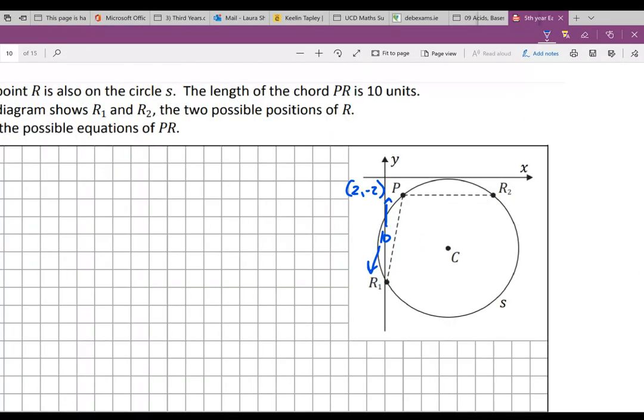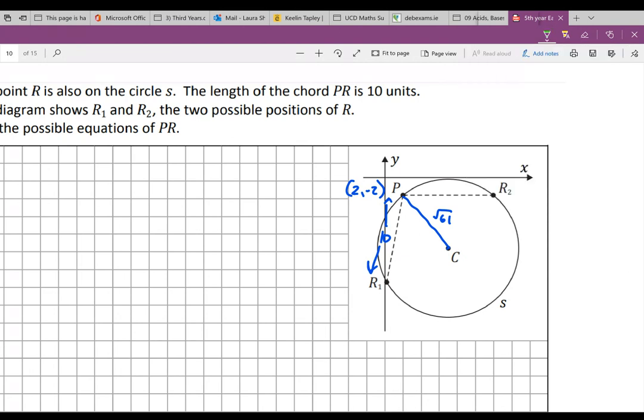Remembering that, I have a center to any point along the outside, which is root 61, so I know that's my radius. I also know that I'm talking about a chord, and when you're talking about a chord, you've got to think of the geometry we know about a chord.